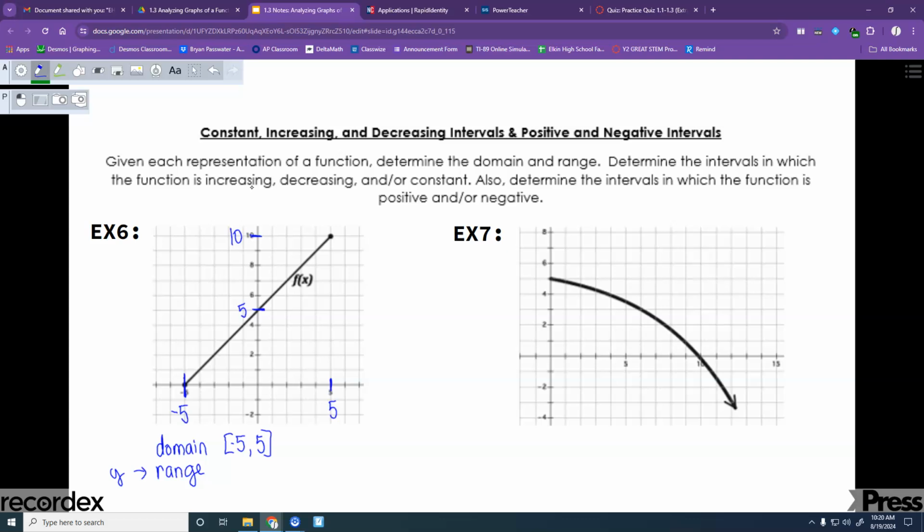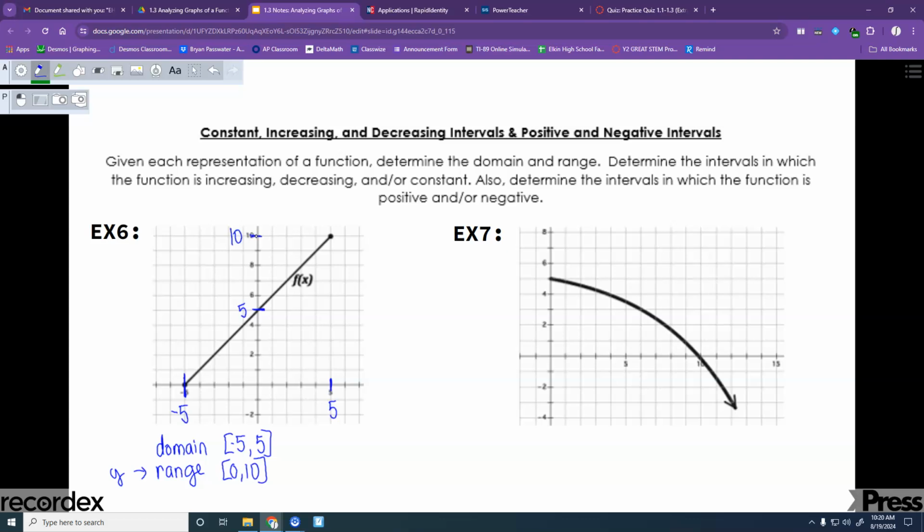So this is your lowest point, but you want to go over here to the y-axis for that. So 0 is your lowest y. And then what's the highest y? 10. Goes all the way up to this point right here. And you want to look at the y-axis, so it's 10. So 0 to 10.